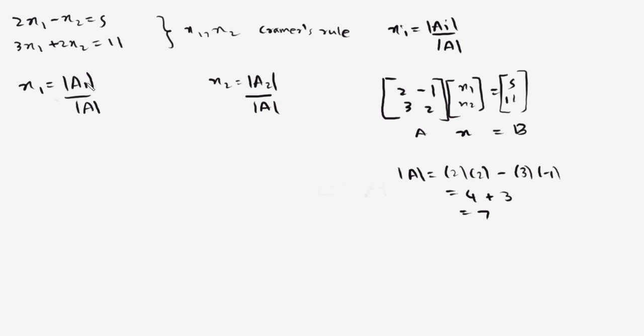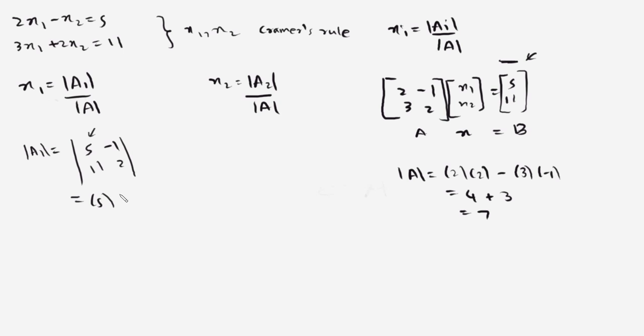Then we have to identify the replacing matrices and their determinant values. In the first case, A1, we have to replace the first column by this B column matrix. So it will produce a matrix like this: 5, 11, minus 1, 2, because we replaced the first column with the B column matrix.